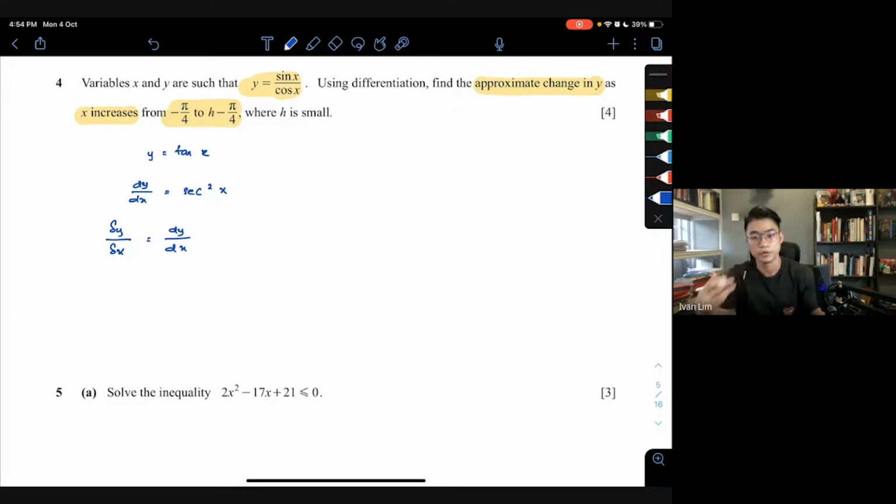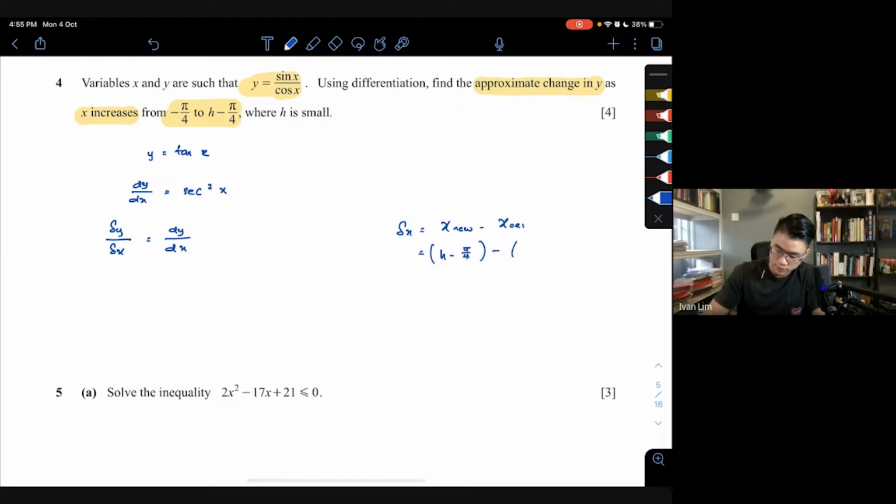If y increases, then you will have one extra step. So x increases from negative pi over 4 to h minus pi over 4. So your delta x will be equal to x new minus x original. That's how you get h minus pi over 4 minus negative pi over 4. You get h. You can straight away write h also.